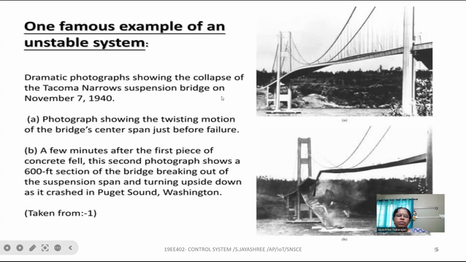So what happened? A few minutes later, after the first piece of concrete fell, the concrete structure itself collapsed.